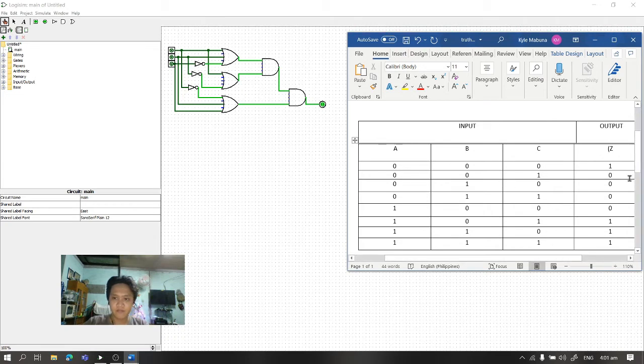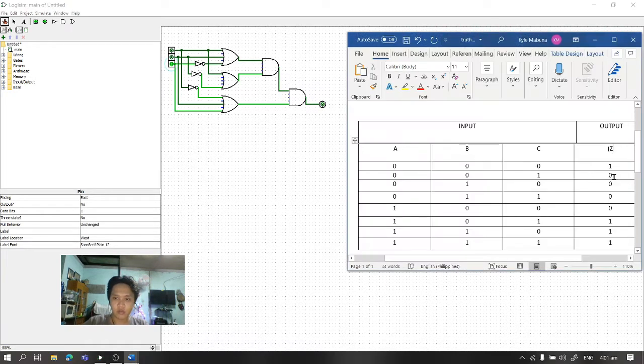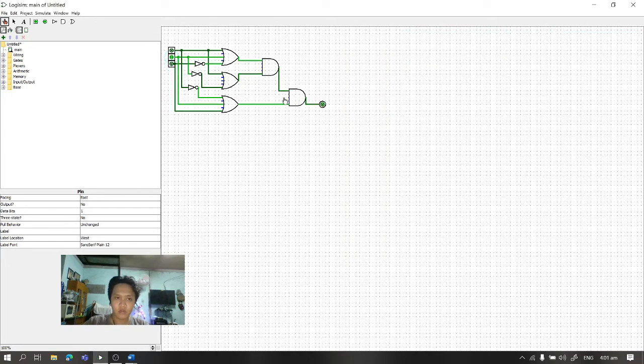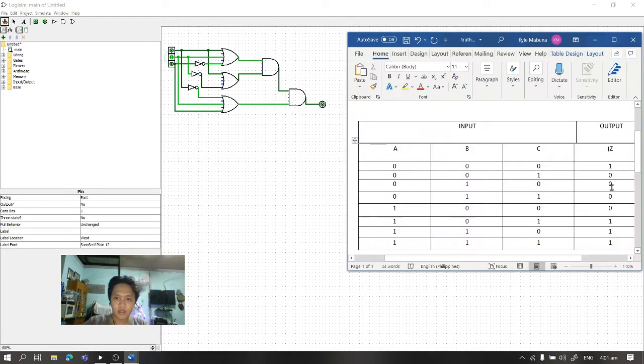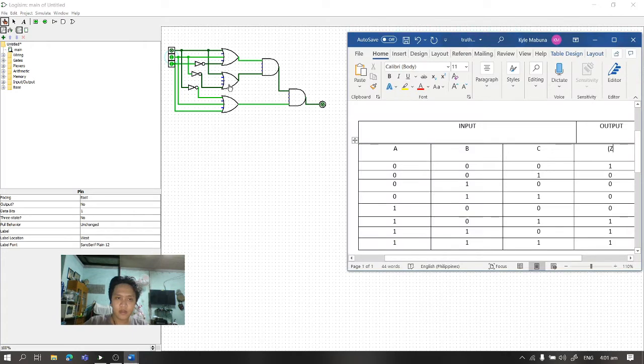If only C is open, then the output is 0. If only B is open, then the output is 0. If B and C are the only ones open, then the output is also 0.